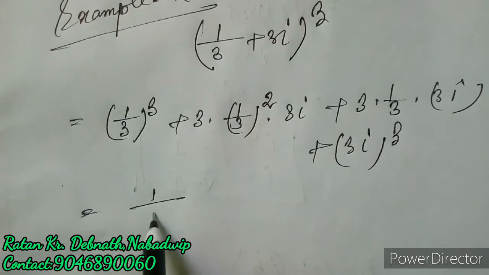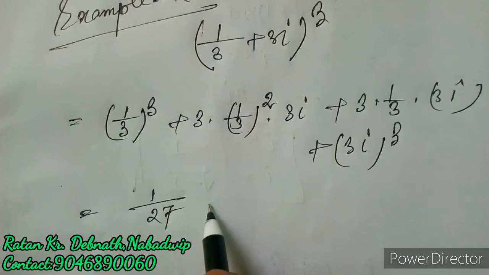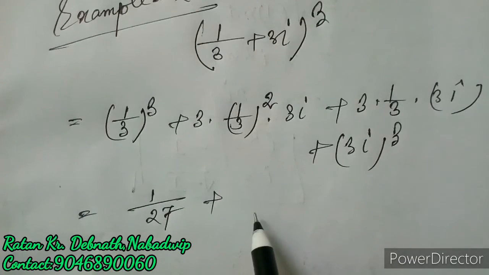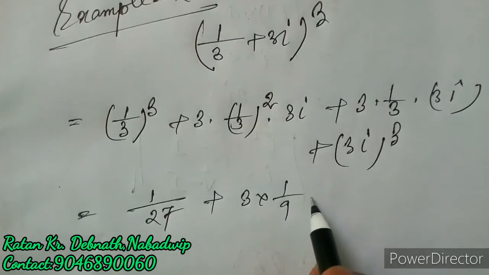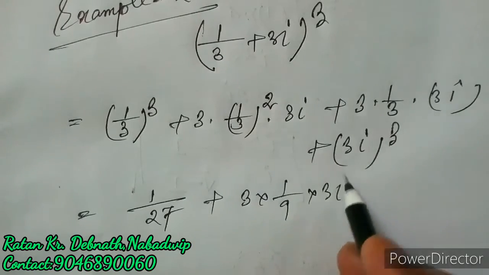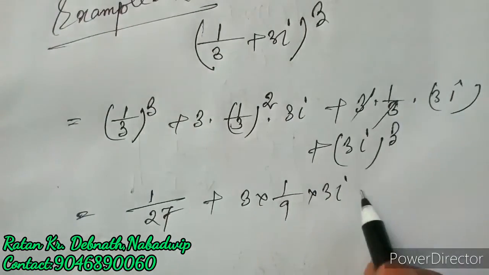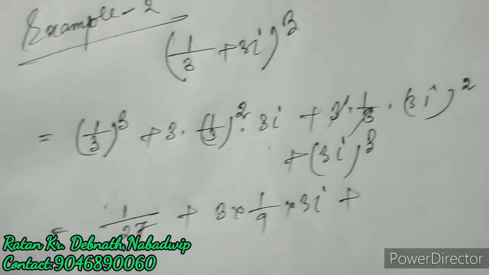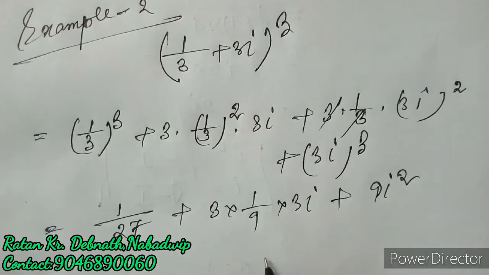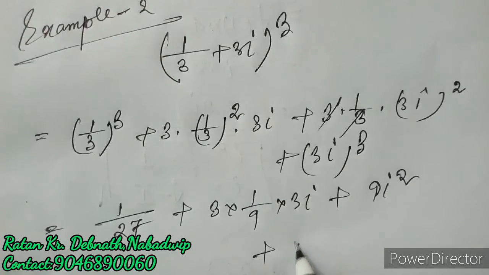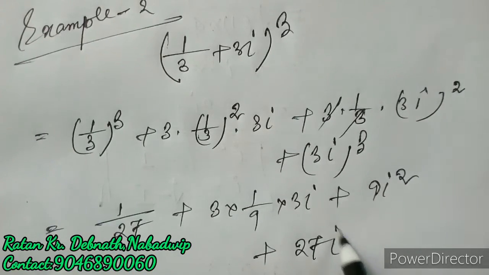So 1 by 27 plus 3 into 1 by 9 into 3i plus 9i square plus 27i cube.